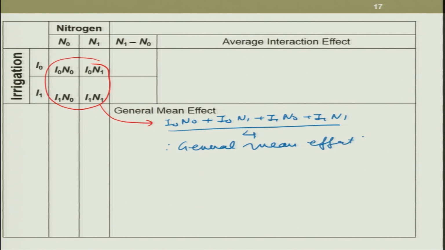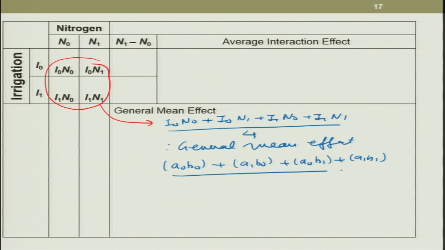This is simply the average of all the 4 observations, which have all possible combinations. So, this is how we compute the general mean effect, and it can be written as A0 B0 plus A1 B0 plus A0 B1 plus A1 B1 divided by 4.